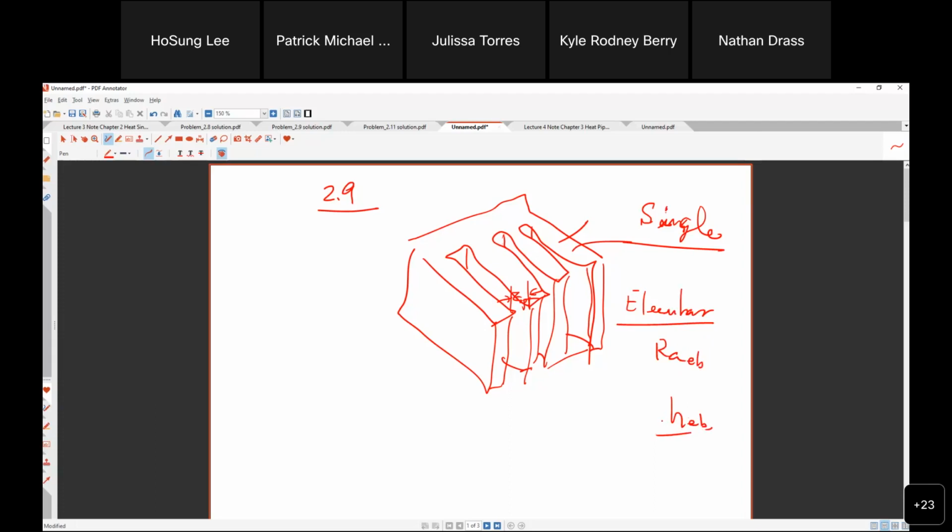So once you have that, then you can look at the optimal spacing. So you can have profile length and thickness. I told you single fin and optimum, but we need one more.